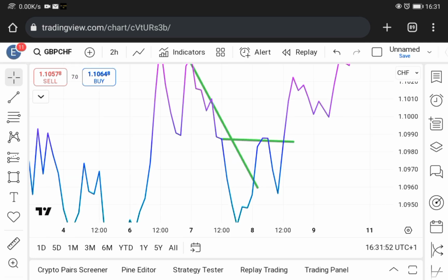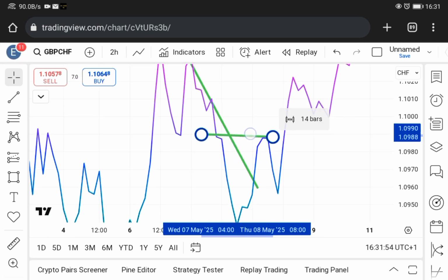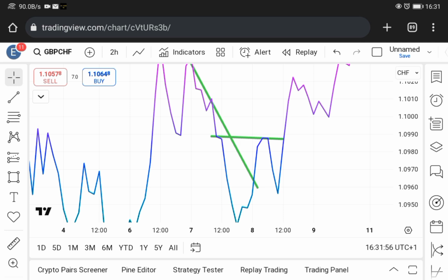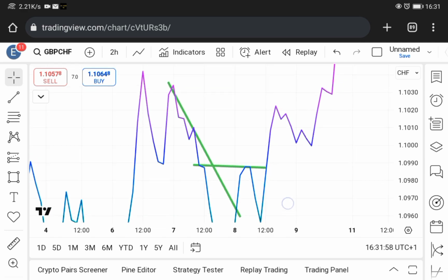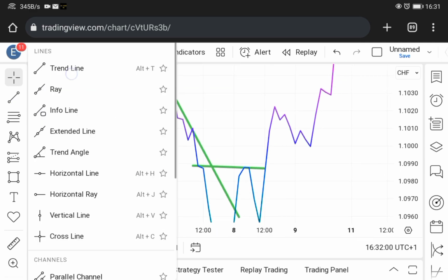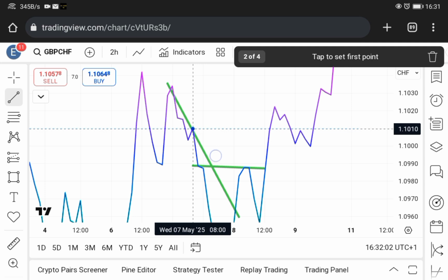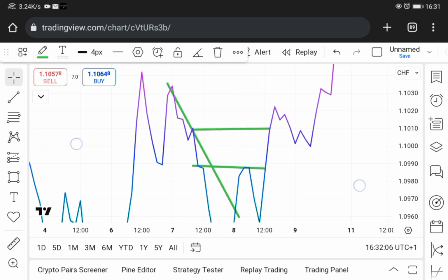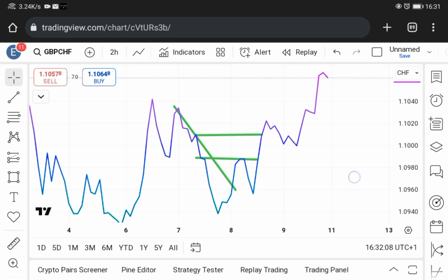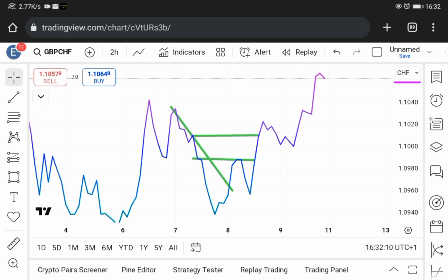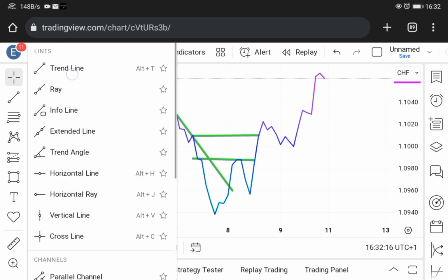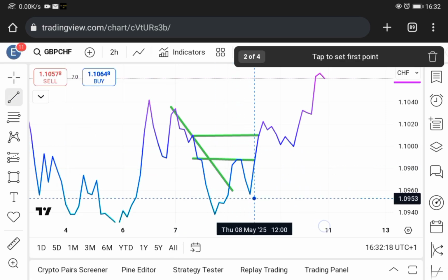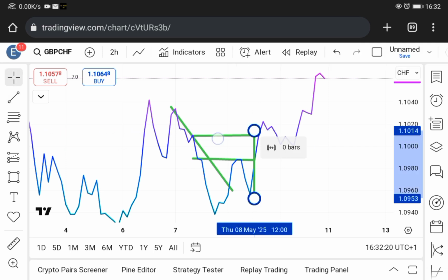There was a structure here, and another structure here. All these are inside liquidity. After that, this leg was able to pull up and it broke this very structure at this point.